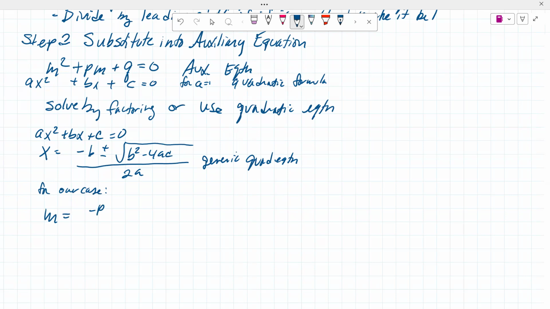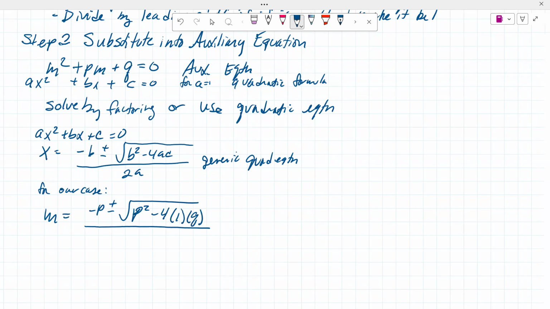Now look at, that's the b, right? Instead of negative b, it's going to be negative p plus or minus the square root of b squared, which is now p squared, minus 4 times a. Remember that we said a is always equal to 1 because you multiplied out. So it will be 1 times c. Where's the c? That's just q, all over 2a.